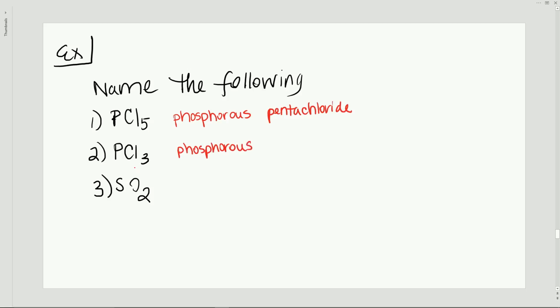So phosphorus, we have 3 chlorine atoms, trichloride. Our next example, we have 1 sulfur, so that's just going to be sulfur. And then we have 2 oxygens, so dioxide. Alright.